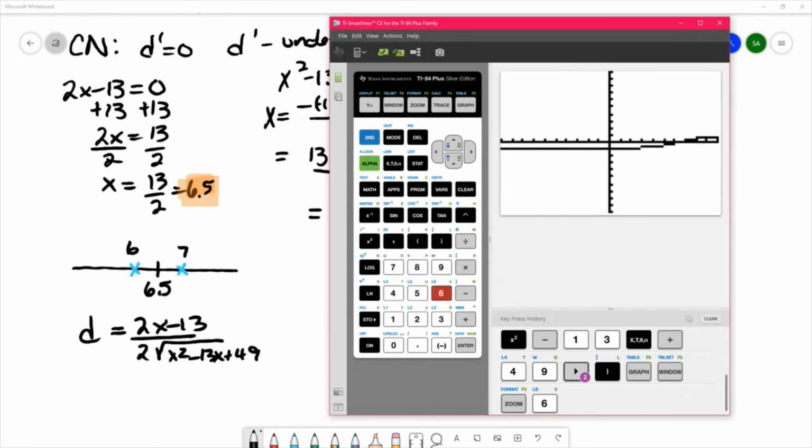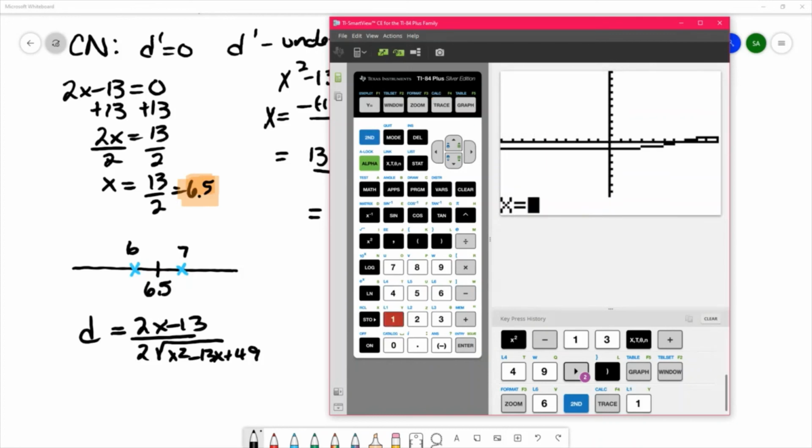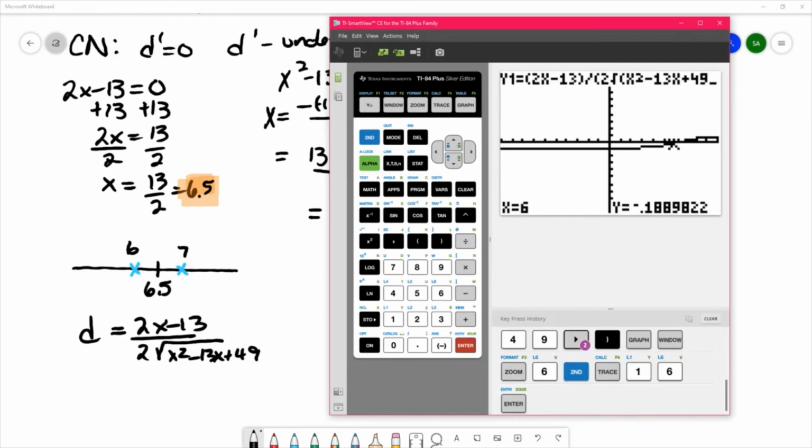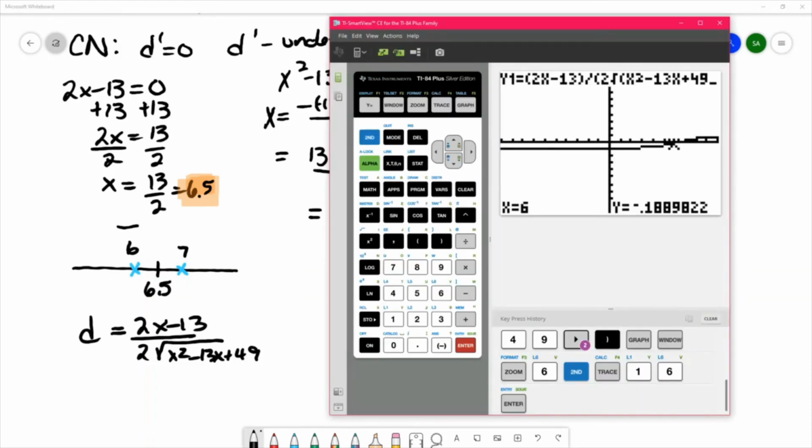And I'm going to hit second, trace, which brings up the calc menu. Select number 1, that's value. And I'm going to put in a value of 6. And I get a negative. And then I'll put in a value of 7. And I get a positive.